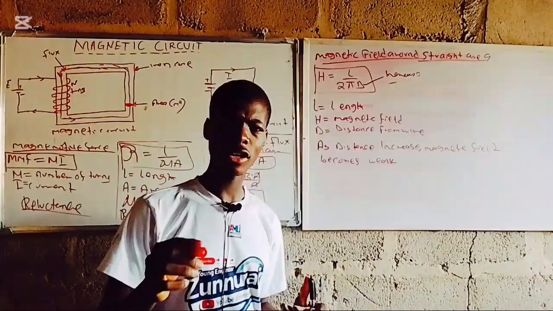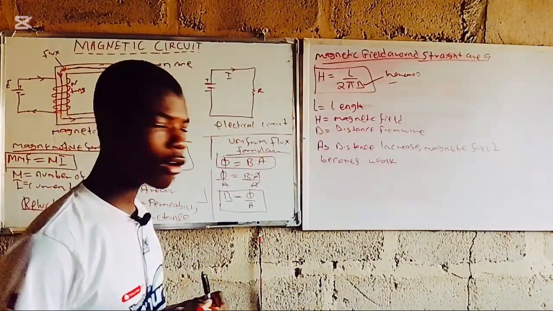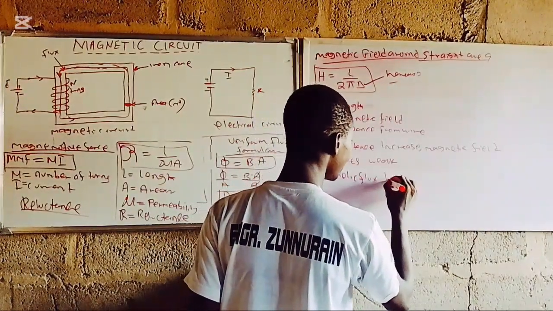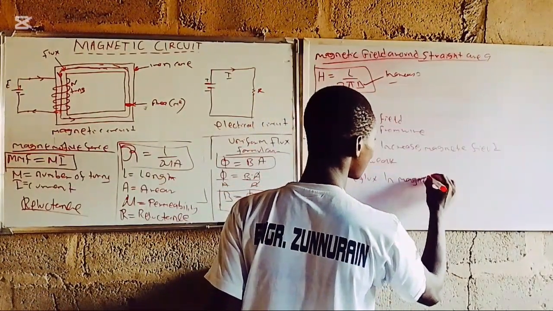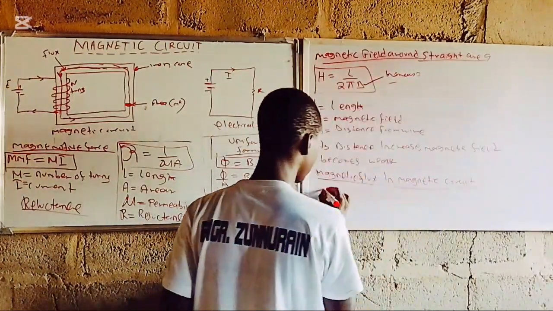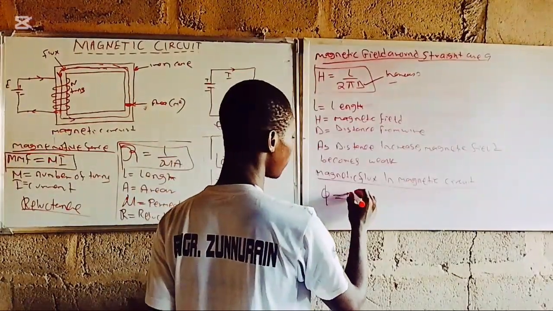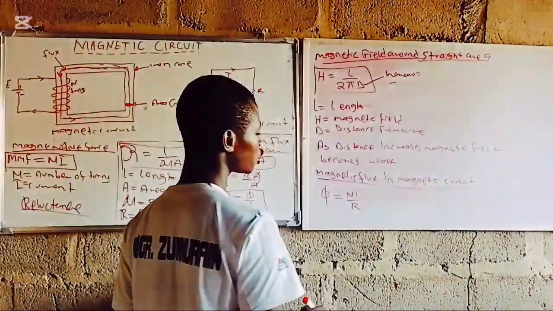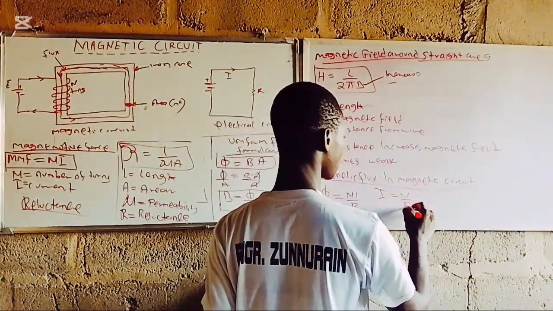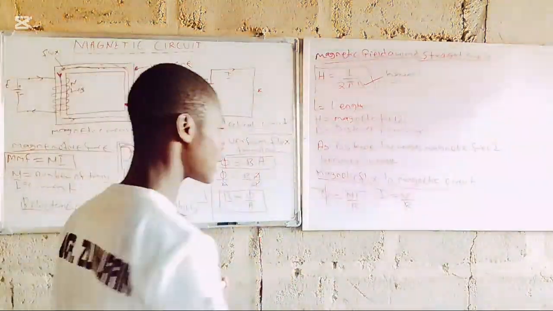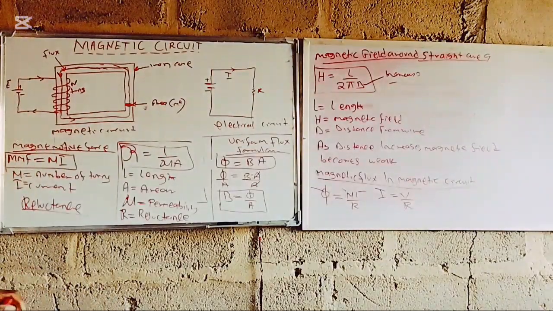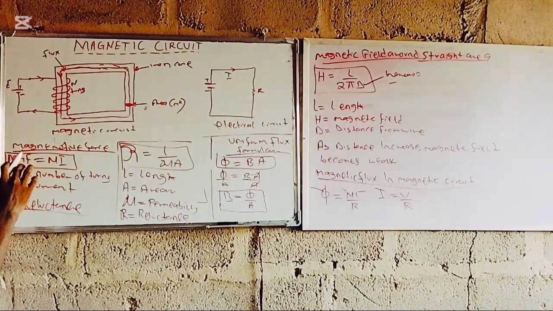So there is magnetic flux in a magnetic circuit, just like Ohm's law. The flux is equal to the number of turns times current over R. Just like in an electric circuit, where the current is the same thing as V over R. But you have to recall that NI, the number of turns and the current, is the same thing as MMF, which is magnetomotive force.